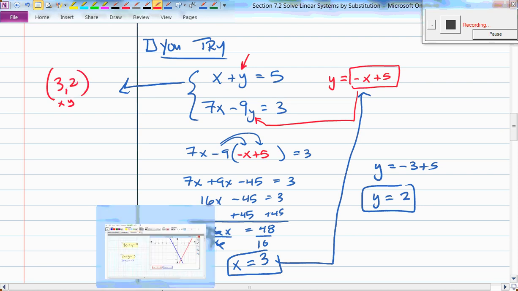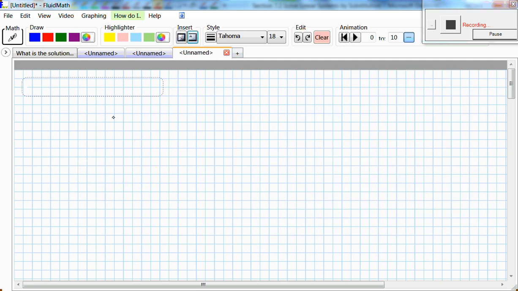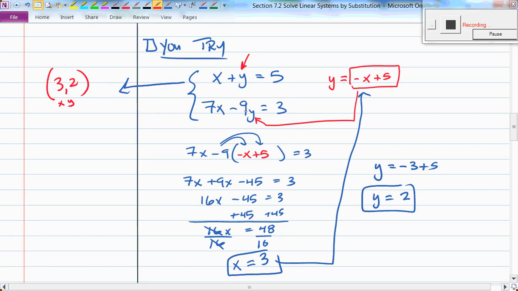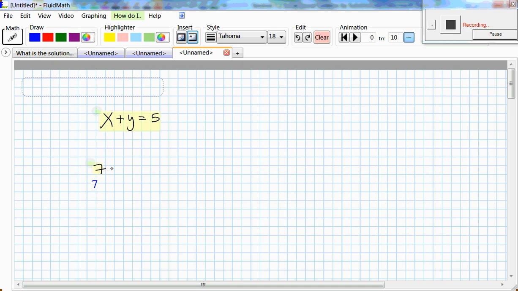So let's go ahead and see if we got those right. The first one was x plus y is equal to 5, and the second one was 7x minus 9y equals 3.